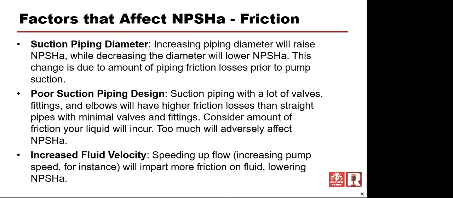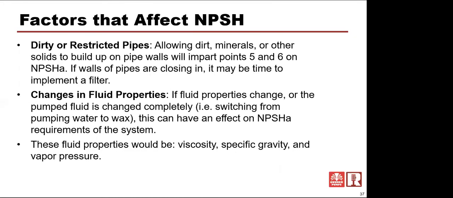So you would take, again, all of those factors, the atmospheric pressure minus the vapor pressure. Again, this is just measuring how much pressure is coming into this pump, plus or minus the liquid level, minus whatever friction loss that pipe is.